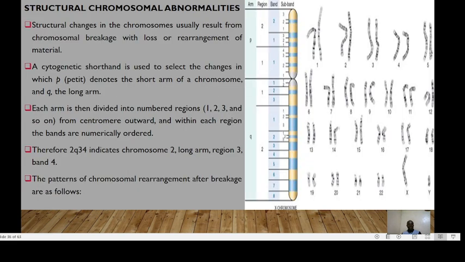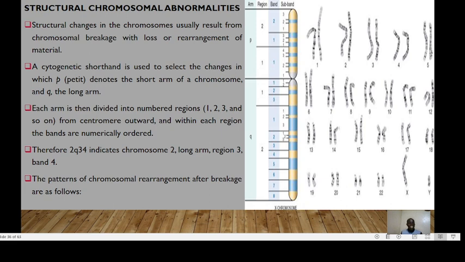So we have structural abnormalities in chromosomes. These normally result from chromosomal breakage with loss or rearrangement of the material. Cytogenetic shorthand is used to describe changes: p denotes the short arm of a chromosome, and q is the long arm.